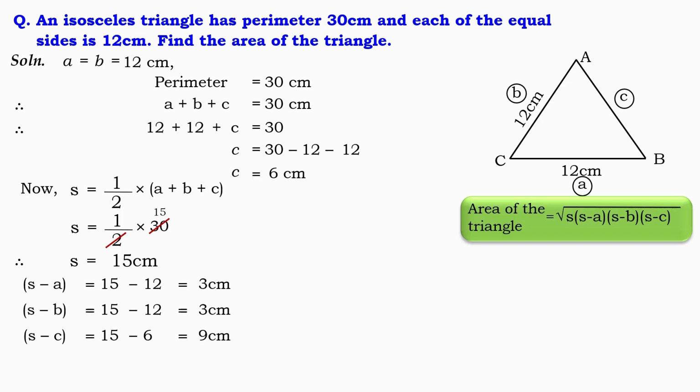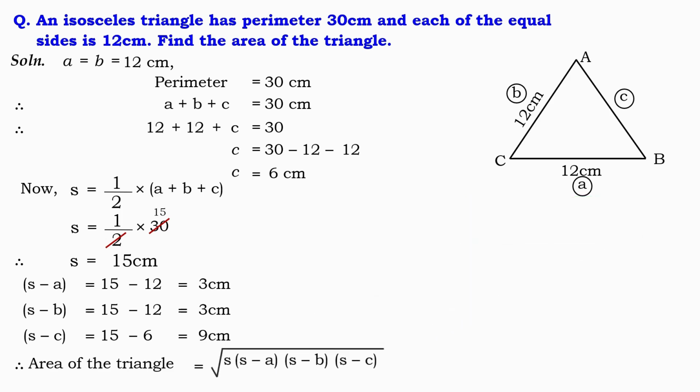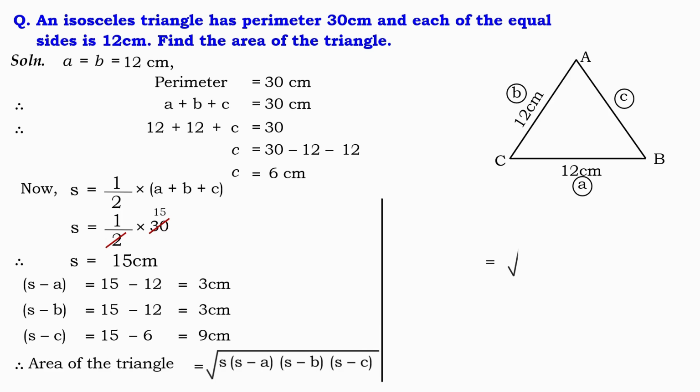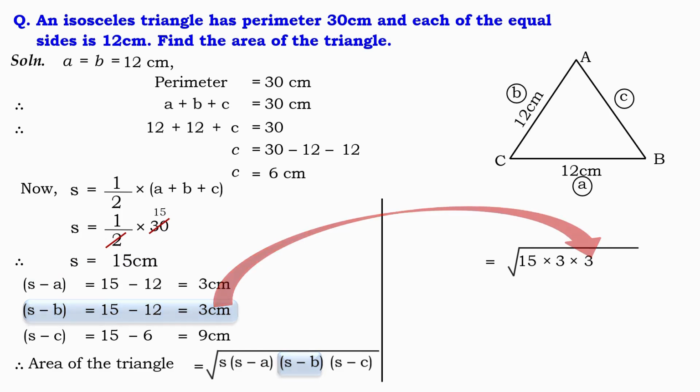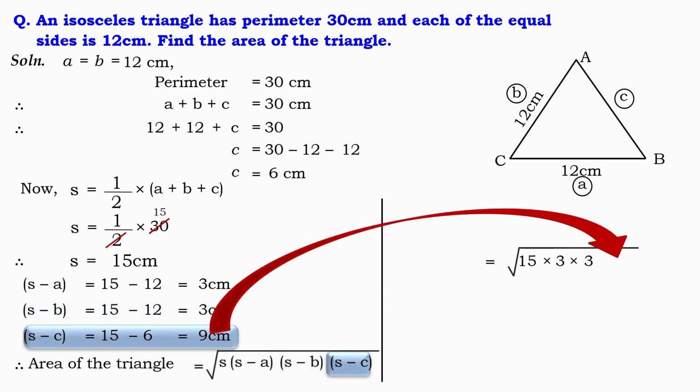Now we have to find the area. The area of the triangle will be equal to the square root of s into s minus a into s minus b into s minus c. Now put all these values over here. So s is 15, then put the s minus a value, the s minus b value, and finally the s minus c value.